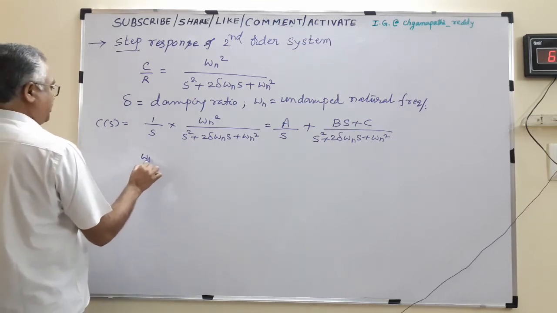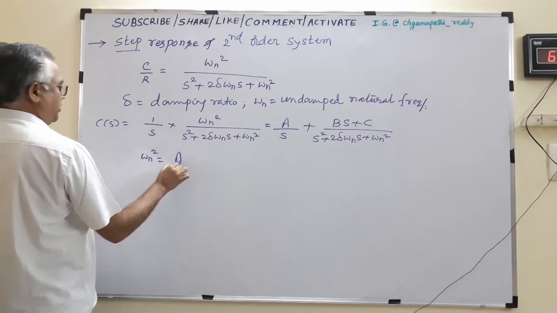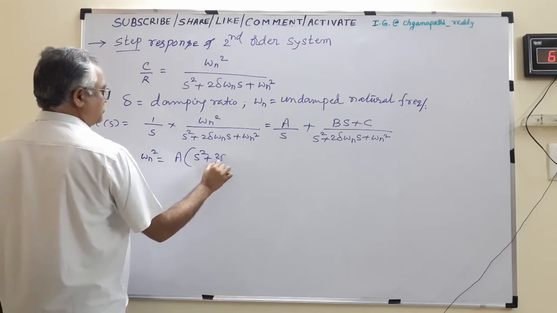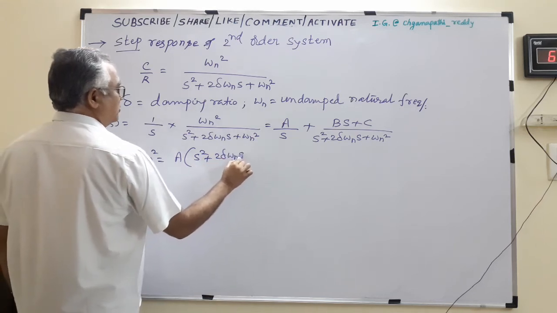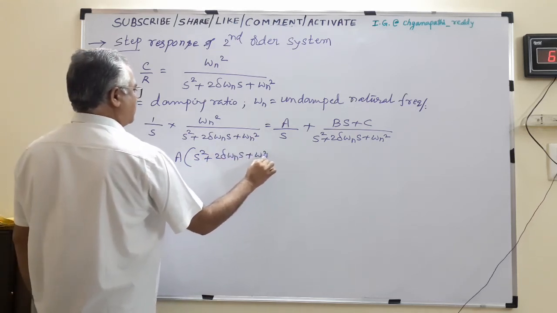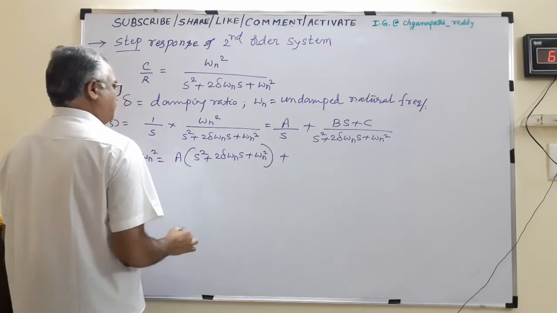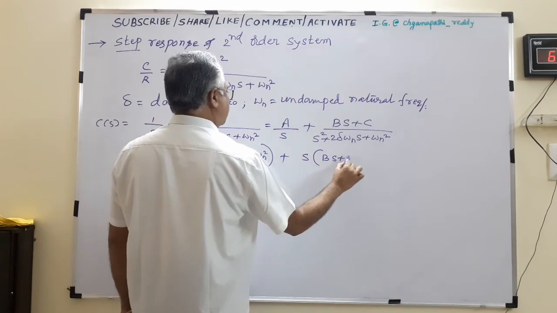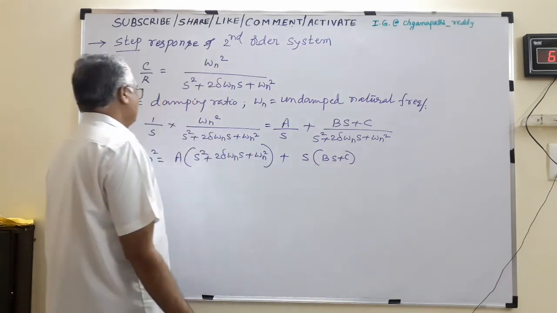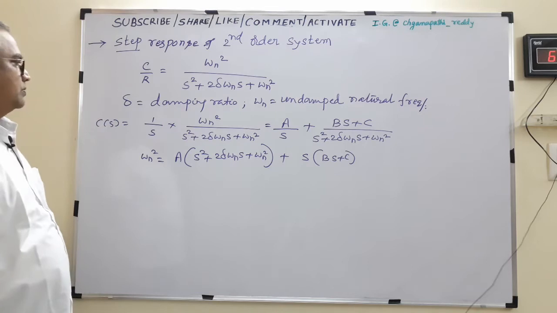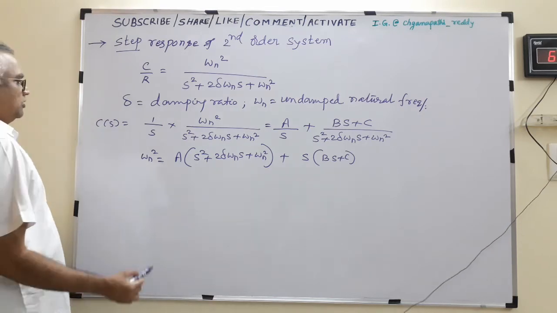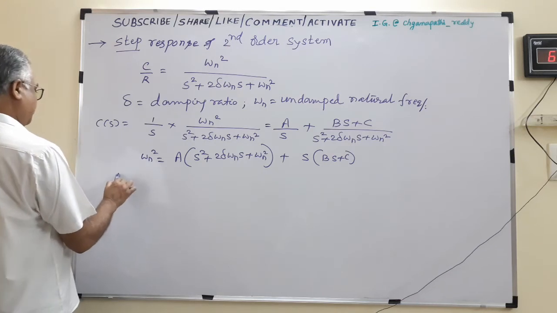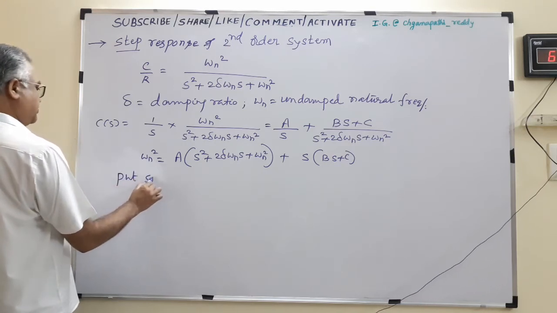So it is omega n square equal to A into s square plus 2 delta omega n s plus omega n square, plus s into Bs plus C. Now put s equal to 0.